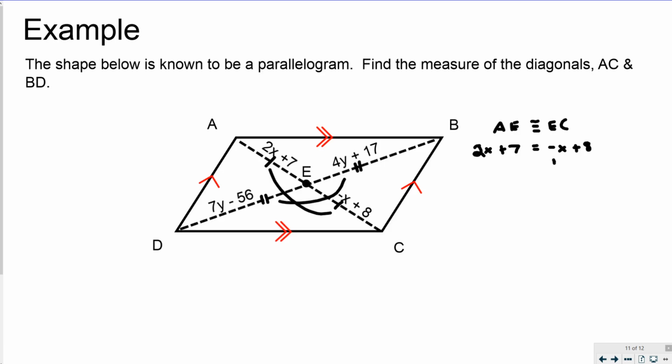So add x to both sides, and then subtract 7. And I end up with 3x equals 1. And so if I go ahead and divide, I get x equals 1/3.